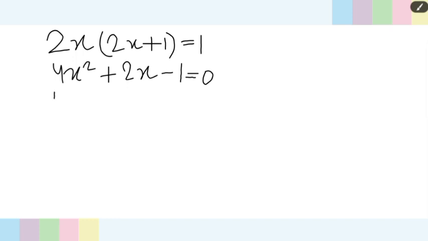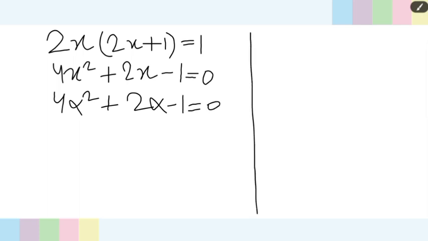So we'll be writing it as 4 alpha square plus 2 alpha minus 1 is equal to 0. Now here we'll be taking the help of our concept from polynomials. We know that the sum of the zeros of the polynomial is always equal to minus b upon a.